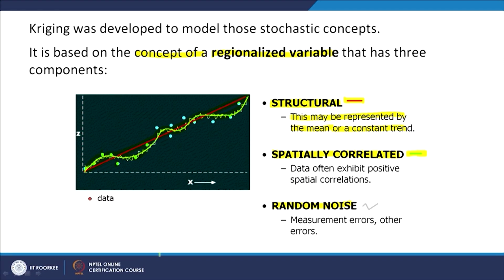Now this random noise is errors, and this is the advantage, that kriging can also predict errors when you resort to interpolation. So we can separate out all 3 key components of kriging: structural, spatially correlated, and random noise.